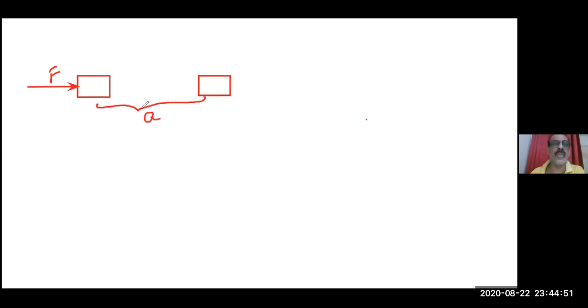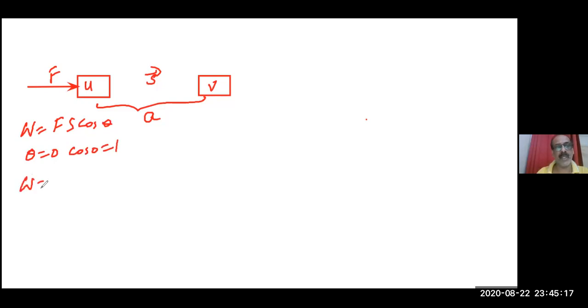Initial velocity U, final velocity V, and displacement is S. These are the data you must know. Work done W is equal to Fs cos theta. Theta is equal to 0, cos 0 is equal to 1, and W is equal to Fs.